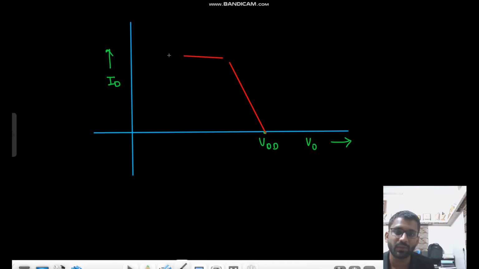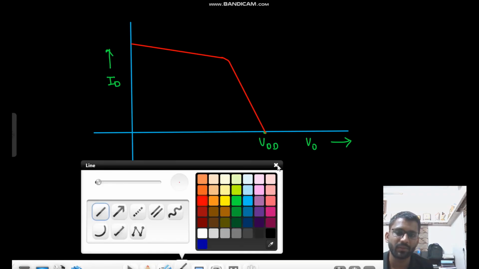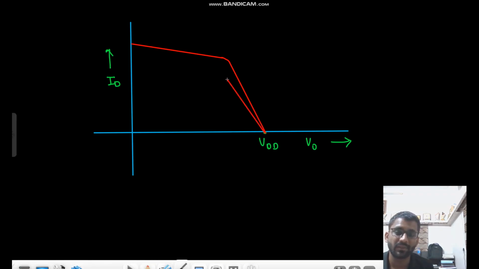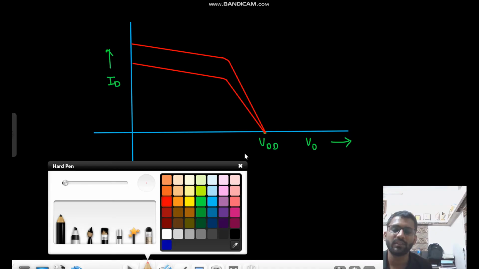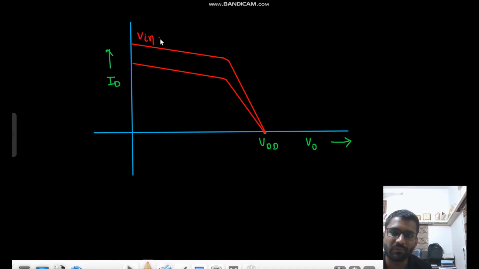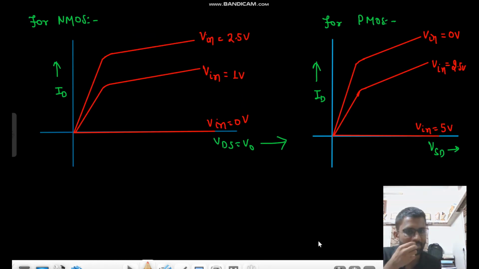This way it should go, and then there is this, right? Or this way it should go, then this. This will be for Vin equals 0, and let us assume Vin equals 2.5 volt here.